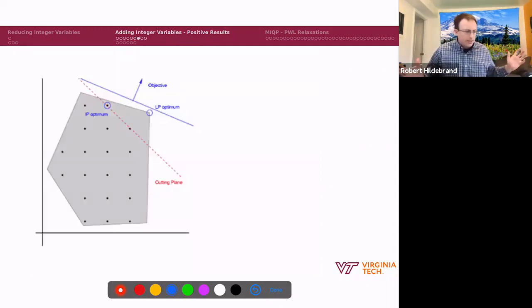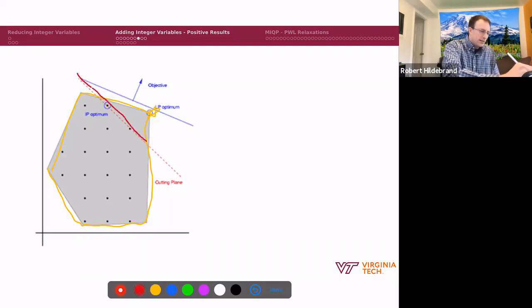If you don't know what a cutting plane is, the idea is that when you solve in a branch and bound tree, you optimize over your LP relaxation, and you end up at your LP optimum. Then you ask, how can I add some valid inequality that gets me closer back to my integer points?